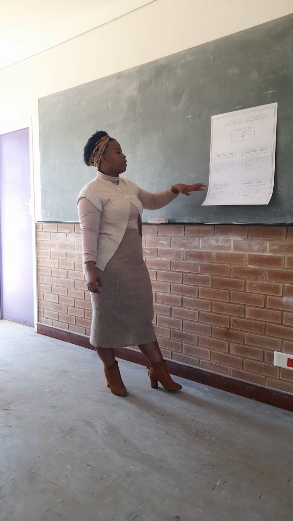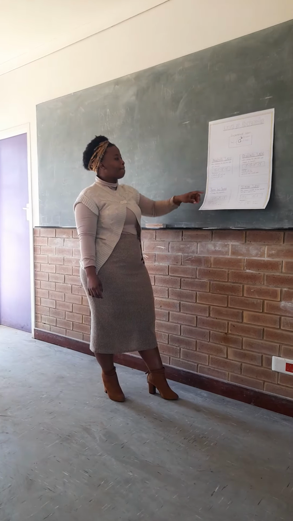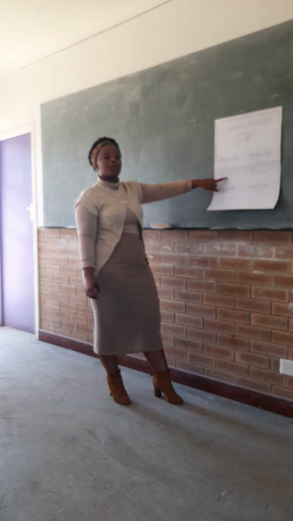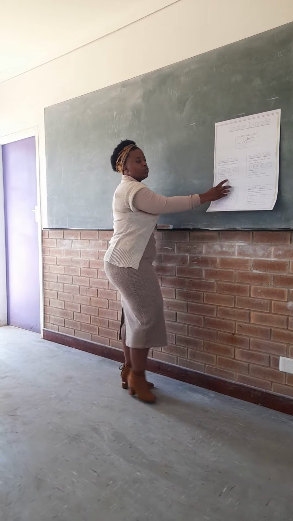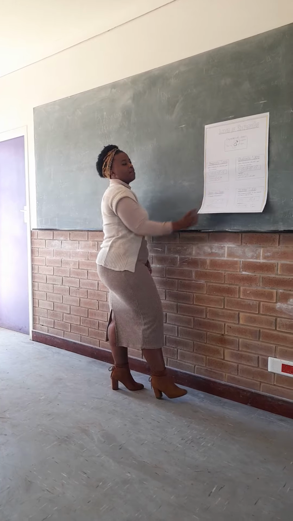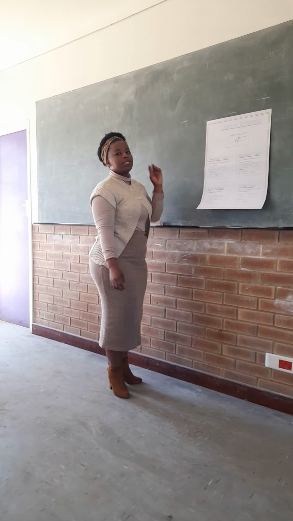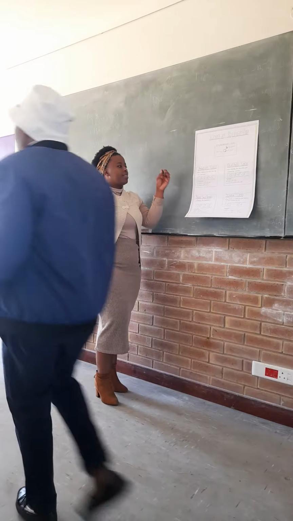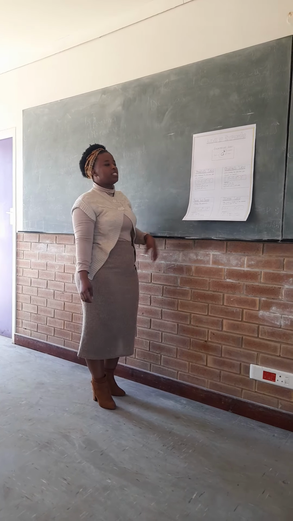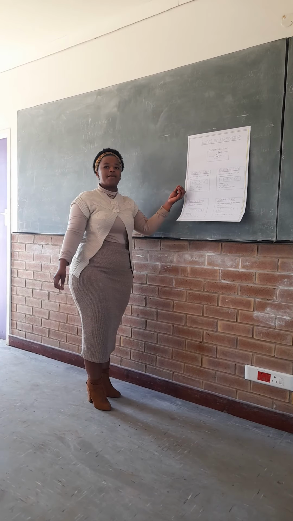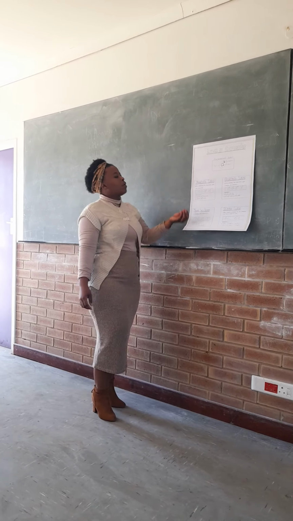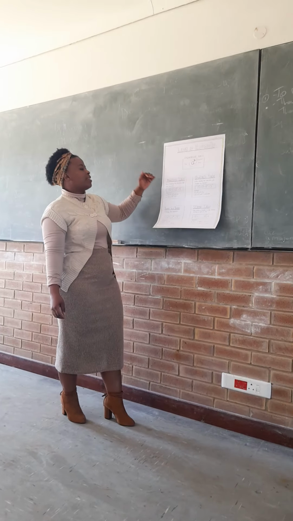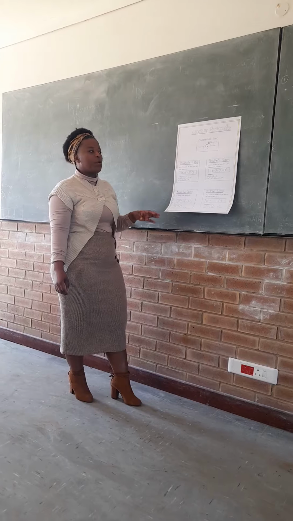We have q to the exponent of 3 plus 4, which is going to give us q to the exponent of, what is 3 plus 4? 7. It's going to give us q to the exponent of 7. That's our product law, which says when multiplying the same base, we add the exponents.